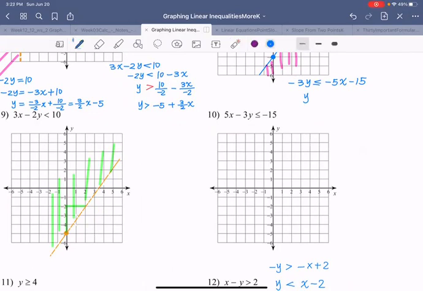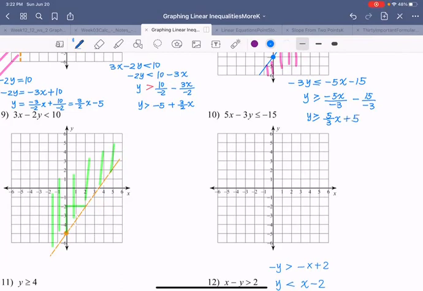Greater than or equal to -5x over -3, and then minus 15 over negative 3. Next step, y is bigger than or equal to 5 over 3x, and then minus negative 5, which is plus 5.